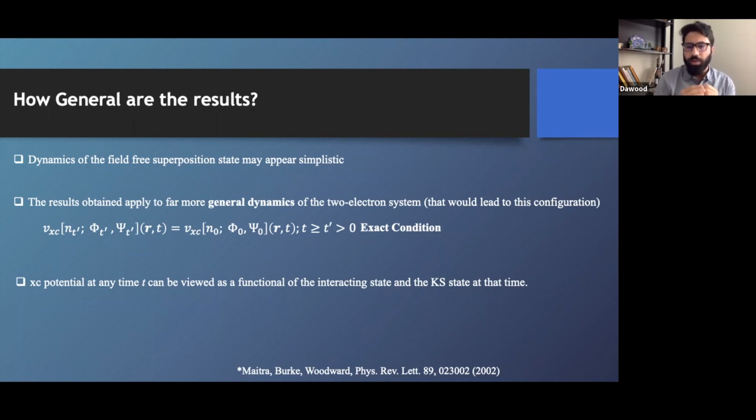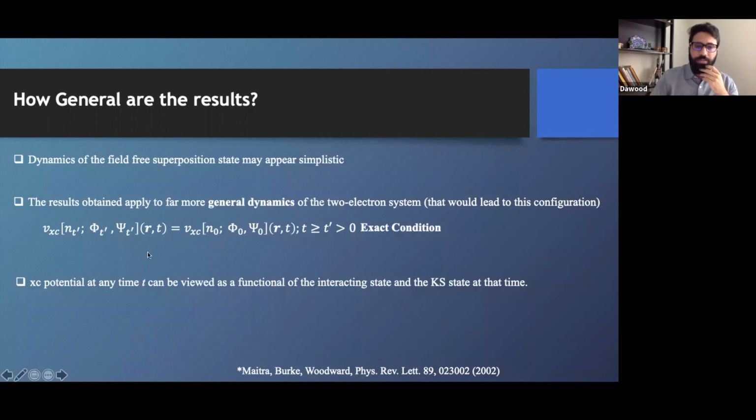It doesn't matter how you got to this initial configuration, because of this exact condition, which states that any dependence of the exchange-correlation potential for a state at any time t, that happens to be in any of these linear superpositions, directly applies no matter how the system got there.